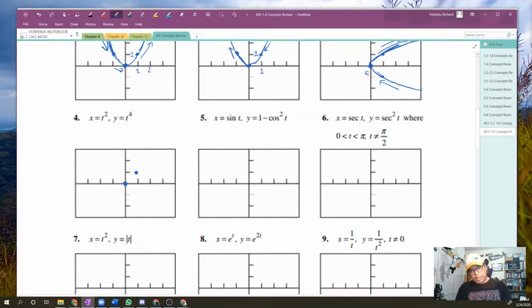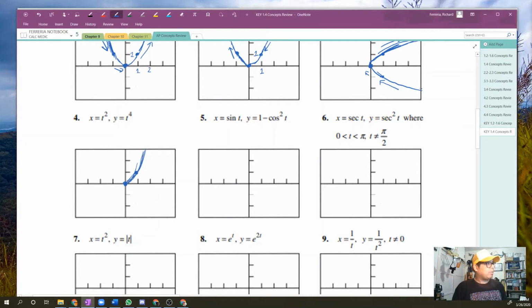What happens when t equals 2? Well, when t equals 2, the x-coordinate is 4 and the y-coordinate is, I don't know, 2 to the 4th power is 16, so that is way up there. So we're talking about something very sharp.